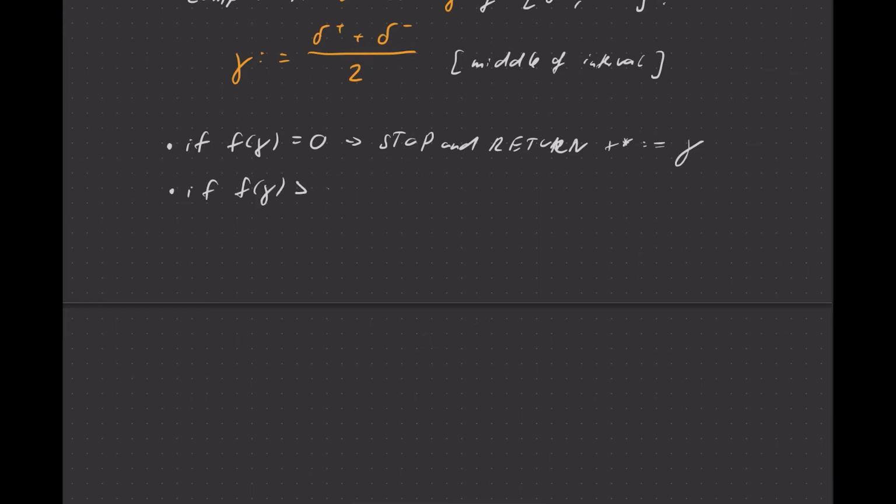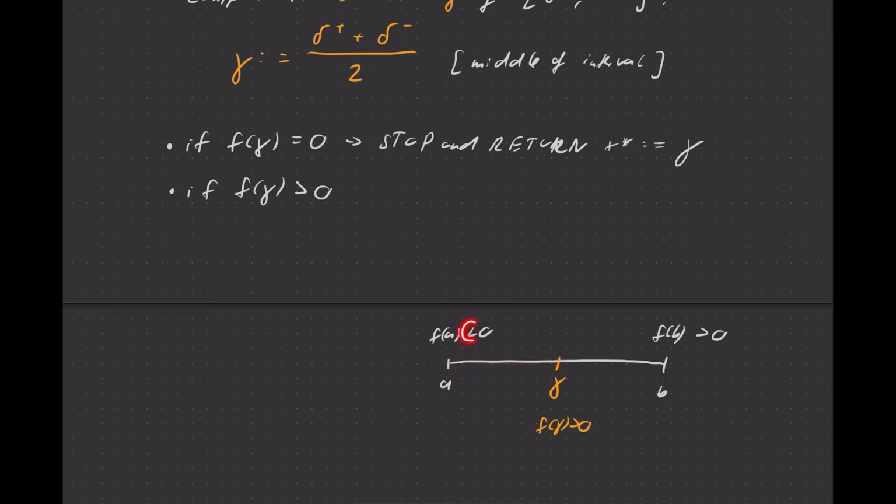If f of gamma is positive, then, well, what do we know? Remember that we started with an interval that has a here, and f of a was negative. And then we have b here, and f of b was positive. Now if f of gamma is positive, gamma is the midpoint of the interval, so here's gamma. Then we can be sure that there is a root in that part of the interval here.